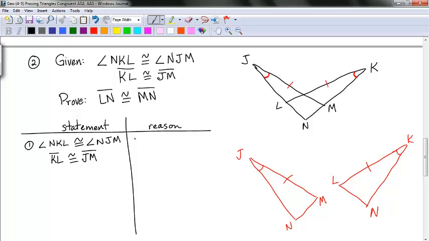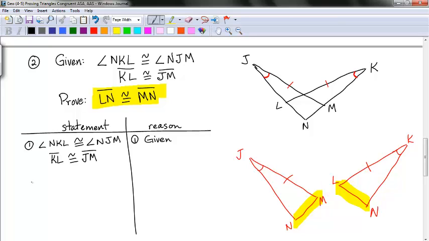That's given. Now, notice it's not saying prove the triangles congruent, it's saying prove parts. We're trying to prove LN is congruent to MN. The only way you can get to parts congruent is to prove the triangles congruent. Then you can go to corresponding parts of congruent triangles.